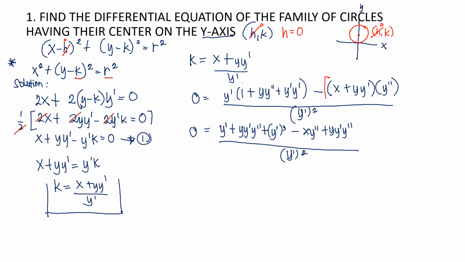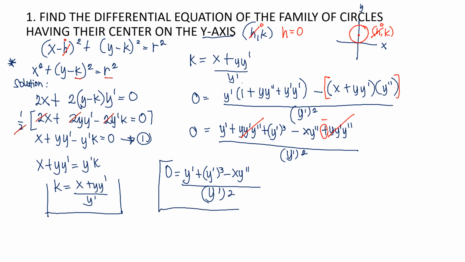So, this is actually enclosed. Therefore, itong is minus, no? So, we can eliminate this one and this one. So, ang matitira nating equation is 0 equals y prime plus y prime cube minus y double prime over y prime squared. So, ito na yung ating pangalawang differential equation. So, this is our number 2.